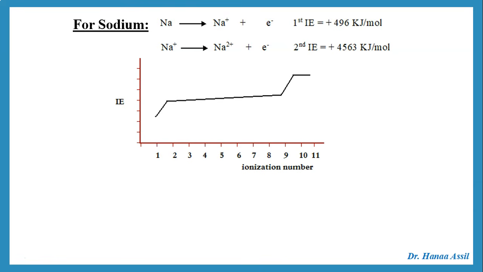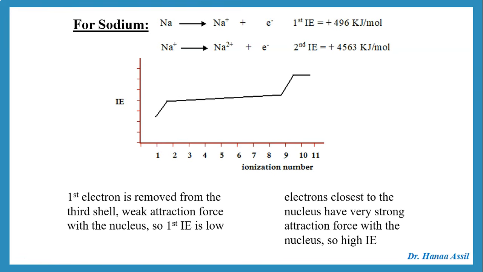Now, if I try to take away the second electron, well, the first electron is removed from the outermost shell. So I have a weak attraction force between that outermost electron and the nucleus. So the first ionization energy is low.